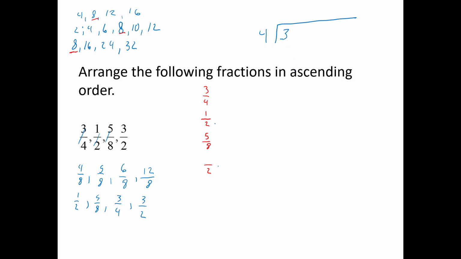Now 4 obviously does not go into 3 a whole number of times, so we start working with the decimal part. Bring the decimal point straight up, add a 0. And now 4 goes into 30 7 times. 7 times 4 is 28. Subtract, and you have to borrow.